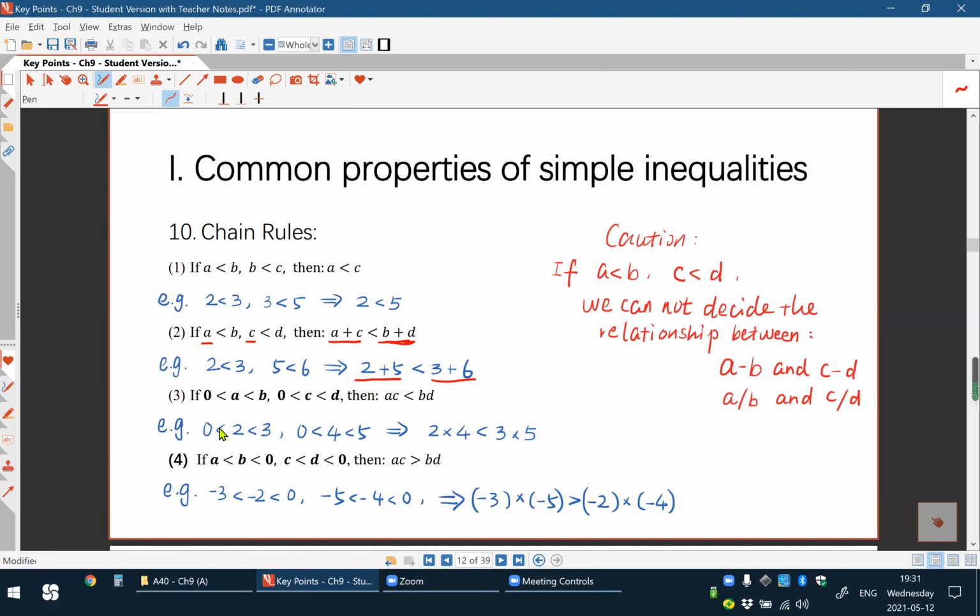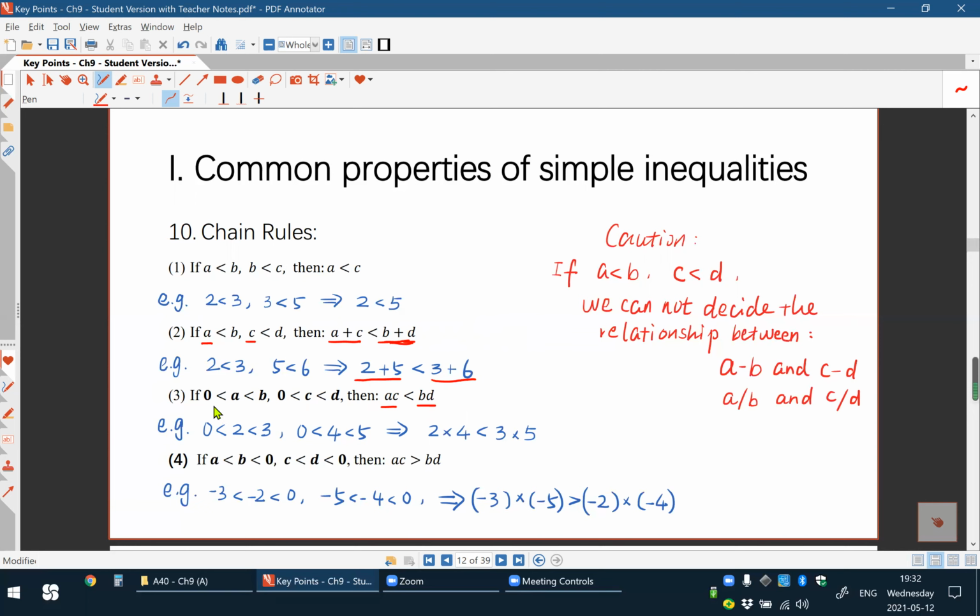Okay. Next one, if A is smaller than B, and both A and B are positive numbers, and also we know that C is smaller than D, and both C and D are positive numbers, then we know that the product of A and C should be smaller than the product of B and D. Note that this rule only applies when all the numbers are positive.